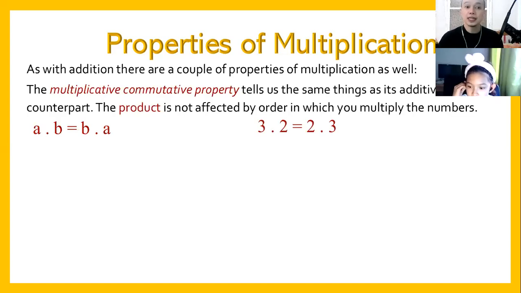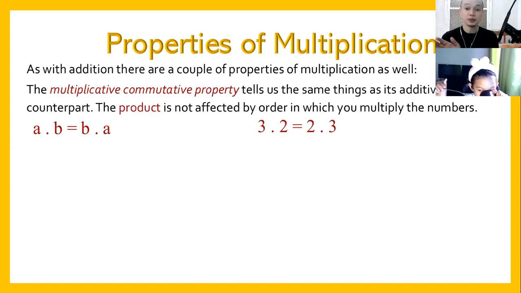Actually, this multiplicative commutative property helps you to memorize the table of multiplication. Especially, for example, if you can already do 1 to 5, it will help you a little bit to know 6 to 10.